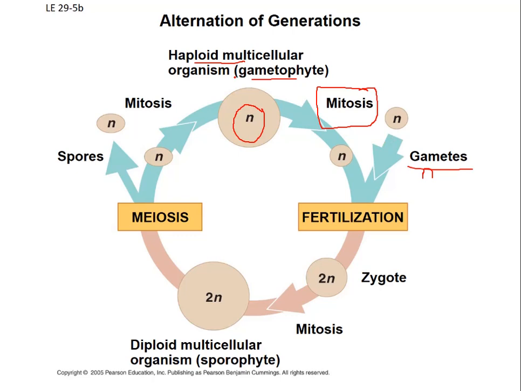So the gametophyte produces gametes, egg and sperm. When the egg and sperm undergo fertilization, they produce a zygote. The zygote is 2N.